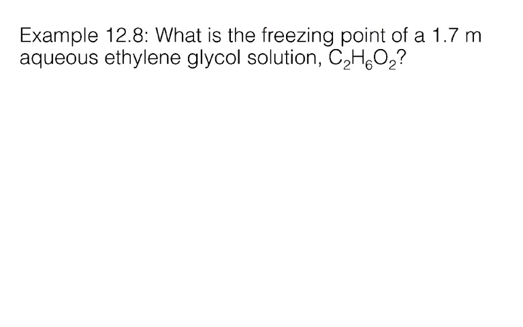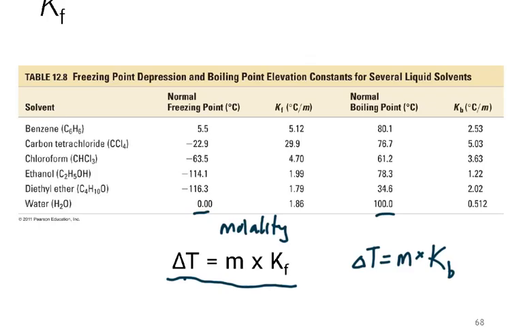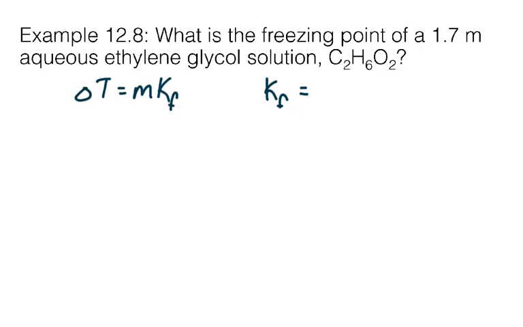What is the freezing point of a 1.7 molal aqueous ethylene glycol solution? So we know that our delta T is going to be the molality times that freezing point depression constant. It's an aqueous solution, so we want our Kf for water. If I look back in my table, the Kf is 1.86 degrees Celsius per molal.